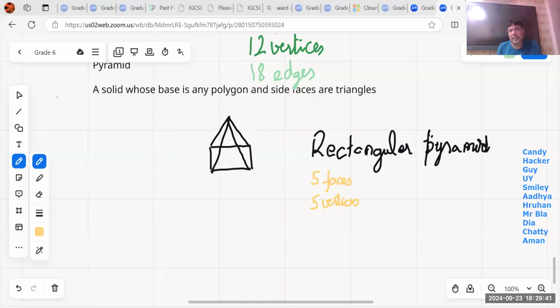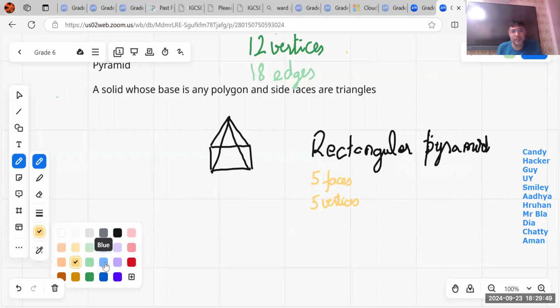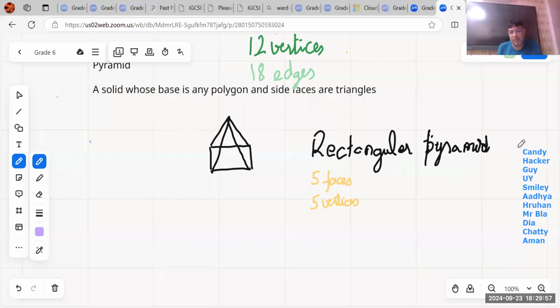Aman, how many edges are there? Aman will be joining 1 or 2 classes, guys. He had a doubt in this one. He's not from your grade. So he says your answer is correct. Anyone else wants to answer? How many edges are there?